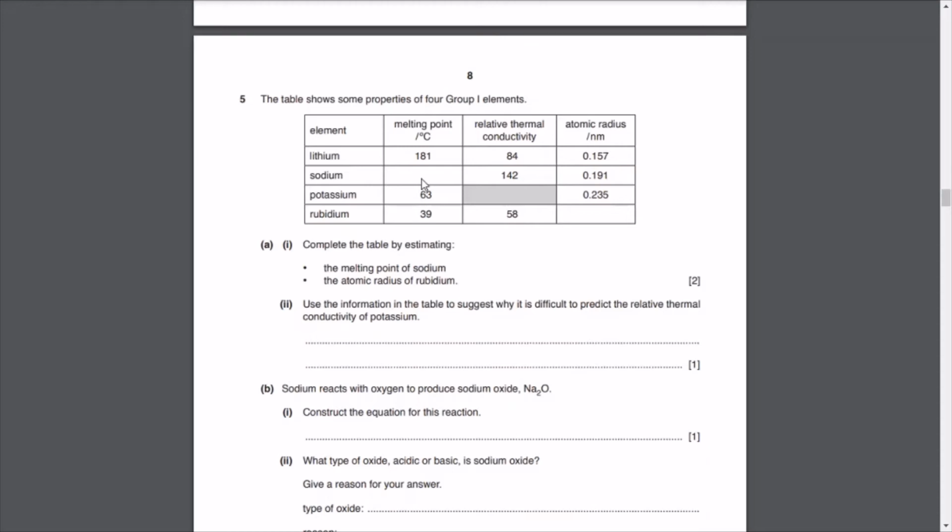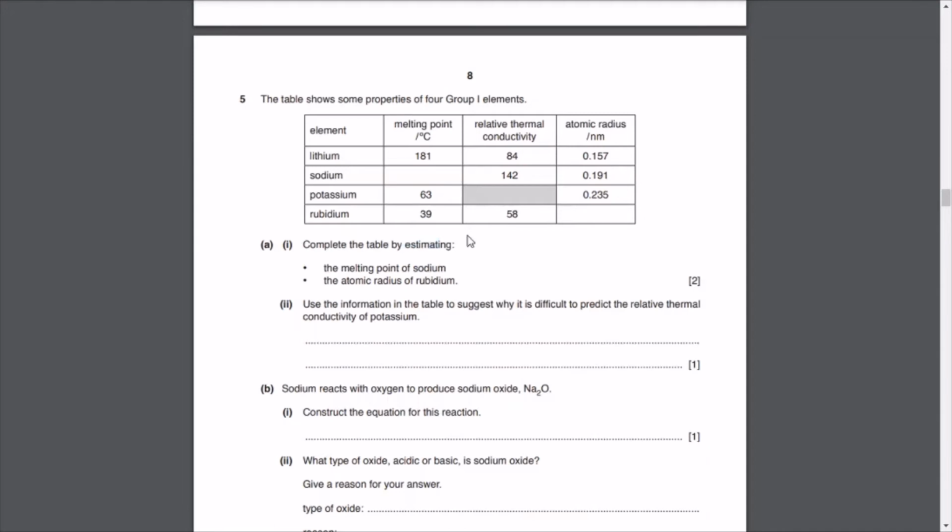Give a very decent distance from both of these values. That means if the value is 63 over here, make it something above 70 to 80, like above 80. And if you're talking about lithium, make it at least below 170. You can write any value in between, since we are supposed to estimate, as the question says.